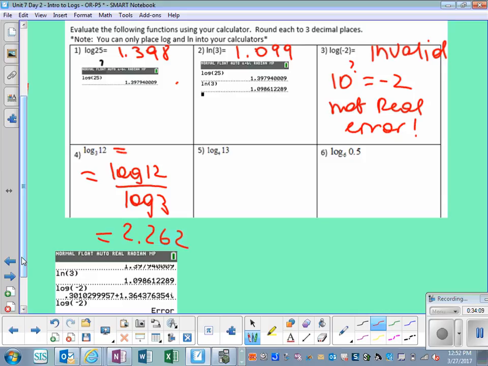But if you have a smalls and a big, then what is this one? Log of, what's my biggie? 13. Divided by log of, what's my smalls? 4. So put that in your calculator. Make sure you close your parentheses after the 13 and after the 4.